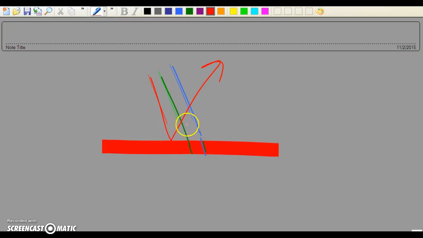So if white light hits this red surface, then where did the blue and the green go? Well, they got pulled in. We can see the red because that's the one that didn't get pulled in. So another way to think about color theory is, if we don't have any red light on there, if we only put a blue spotlight on this quote-unquote red surface, there's nothing to reflect off.